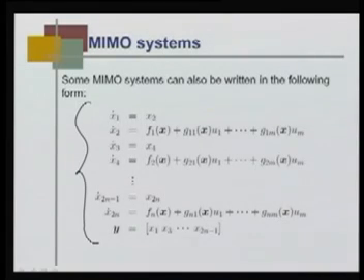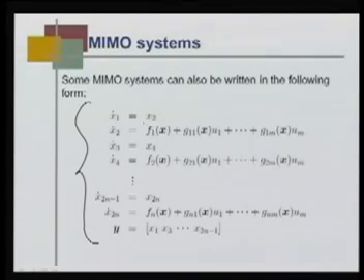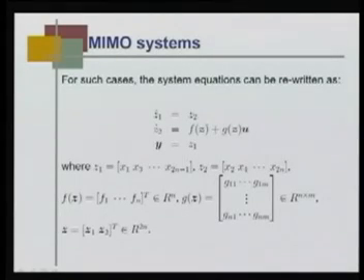So what you are seeing here is a generic form of a specific multi-input multi-output system, where outputs are x1, x3, the odd numbered state vectors x1, x3 until x2n minus 1. For such cases, the system equation can be rewritten as z1 dot is z2 and z2 dot is f(z) plus g(z)u.